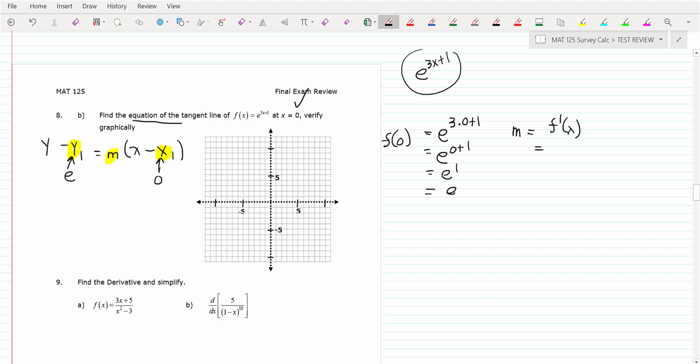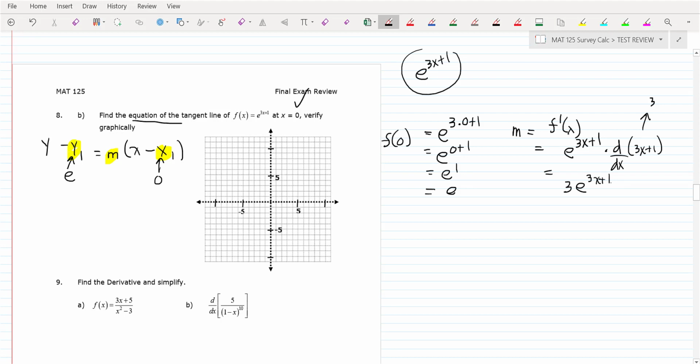Itself, then what? Derivative of exponent, right? So this derivative would be itself, you can do this in your head, times the derivative of the exponent. That's the chain rule. That's how it works for an exponential function. So the derivative of 3x plus 1 would be 3. So you end up getting 3e to the 3x plus 1. So that's your derivative. Okay?